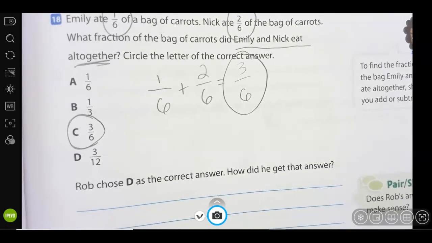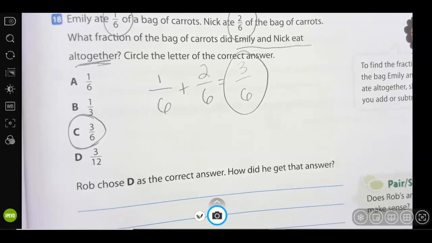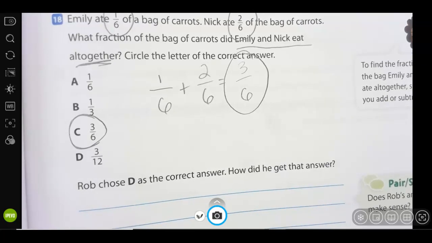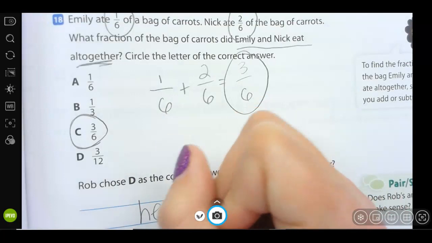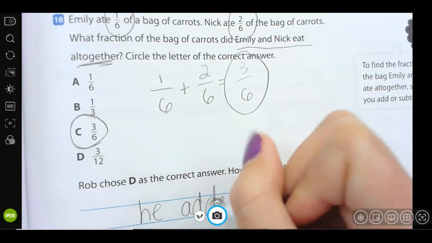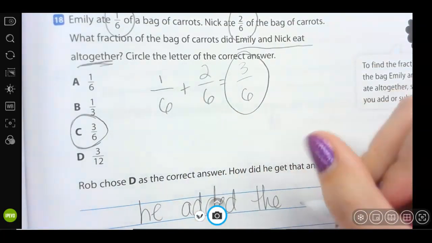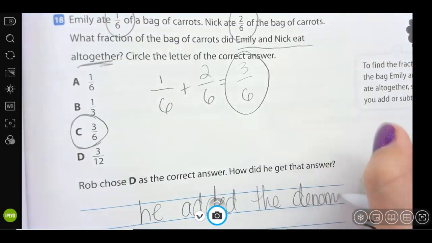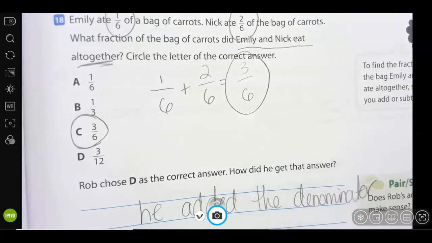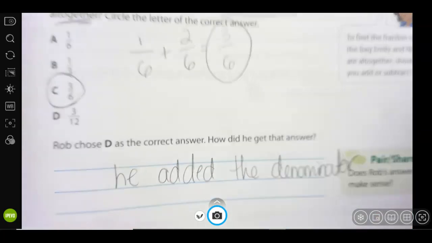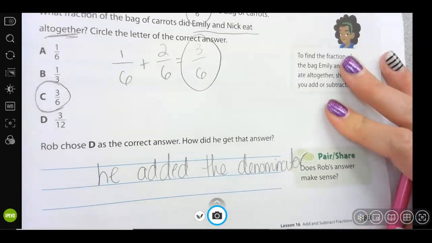Rob got D. What did he do, Christian? He added up the denominator. Ooh, when you're only supposed to add the numerator. Good. He added the denominator when you're only supposed to add the numerator.